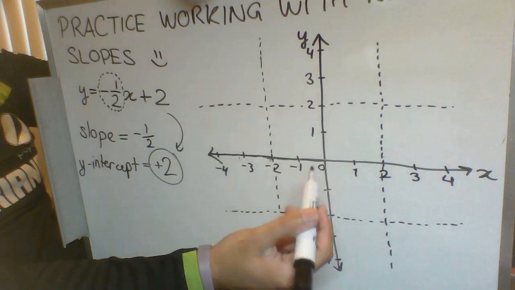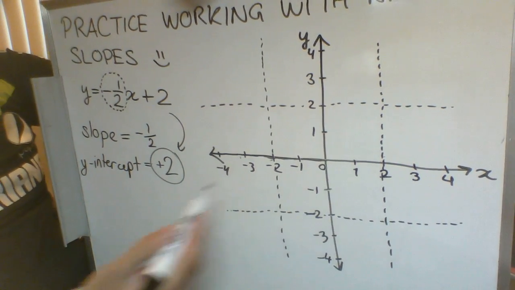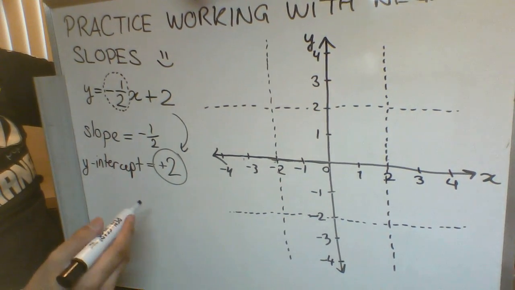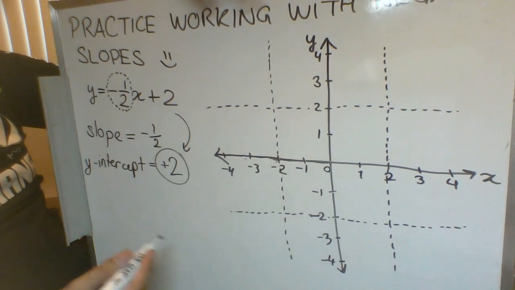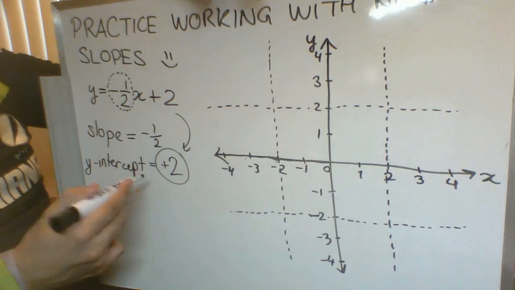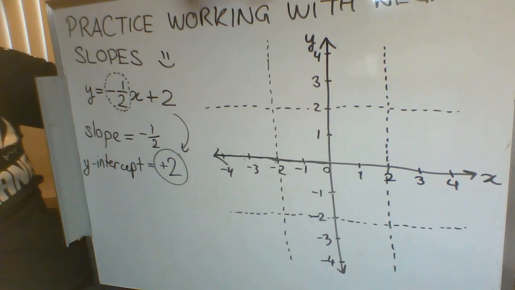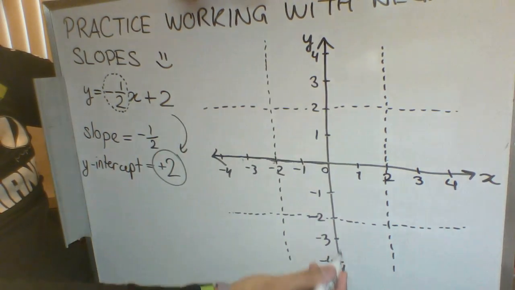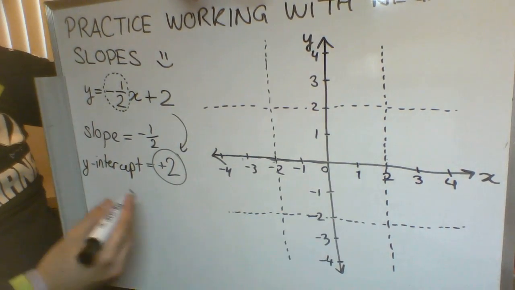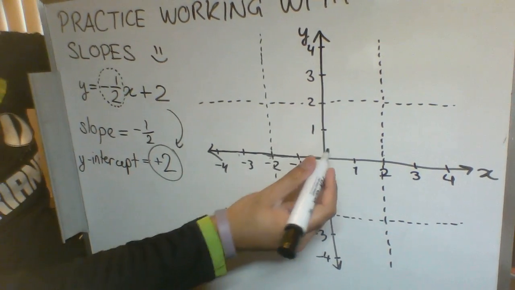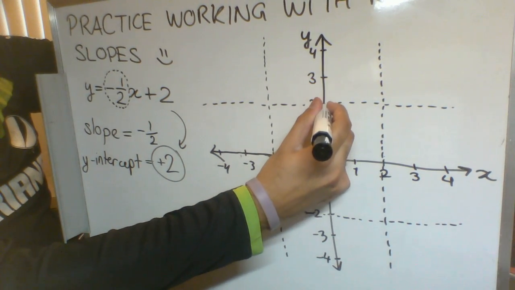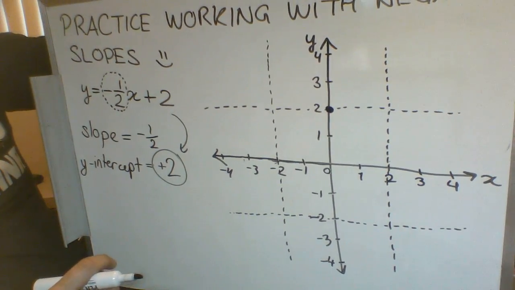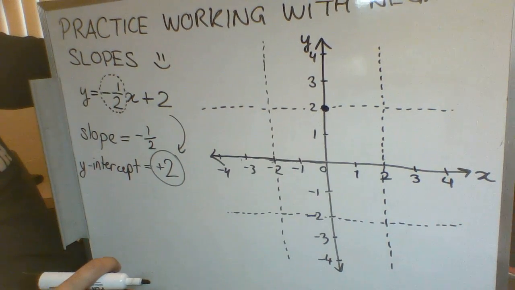So you don't have to move left or right away from the origin, as long as you're using the y-intercept for that point. You start at the origin and just go up or down however many units it tells you, and make sure you don't go left or right at all. As long as you stay on the thick black line here, you should be able to find that value. In this case it's plus 2, so right here, and we can put a dot right there, and there's our first point for this graph.